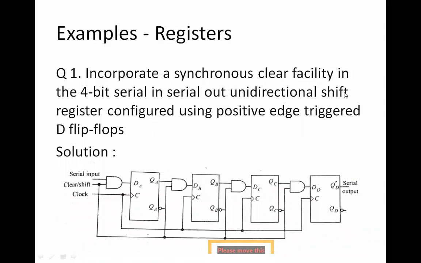Unidirectional shift register, so there is no possibility of the value getting shifted towards the left-hand side. It is configured using positive edge triggered D flip-flops. The question has a lot of data, so data only needs to be extracted.